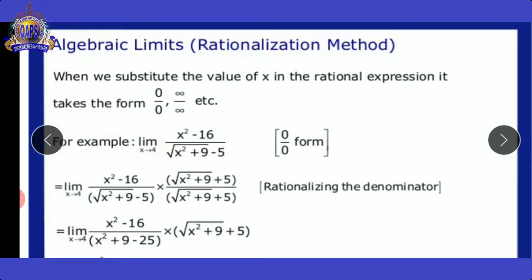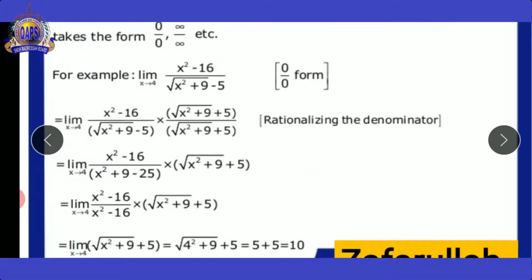In the denominator, 4 square is 16 plus 9 equals 25, the radical of 25 is 5, minus 5 will become 0. So the whole form directly creates 0 upon 0, so we apply the rationalization method in the denominator.